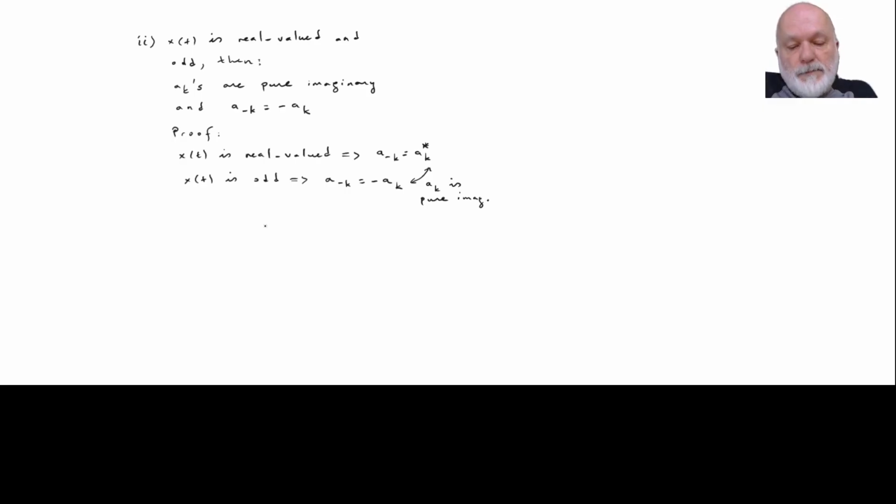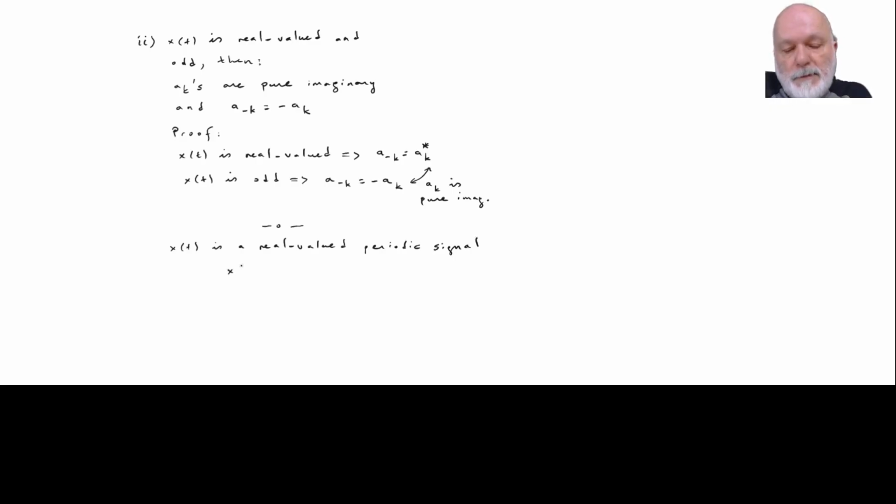Now, after this, we have one more result. In fact, it is a result completely related to the previous results, and it is the following. Again, let us consider x of t is a real valued periodic signal.